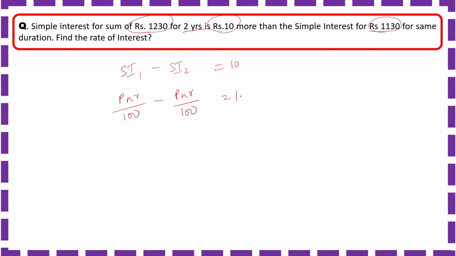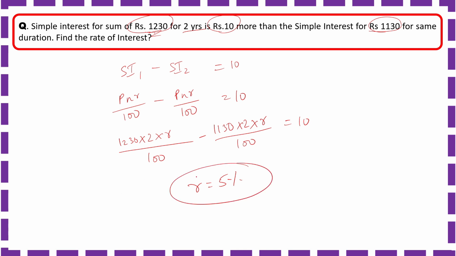In the first case, the principal is 1230, the duration N is 2 years, and we do not know the rate of interest, so let us keep it as R by 100, minus the second case, principal 1130, duration the same 2 years, and rate R by 100, that is equal to 10. Just solve this. You will get R as 5%.